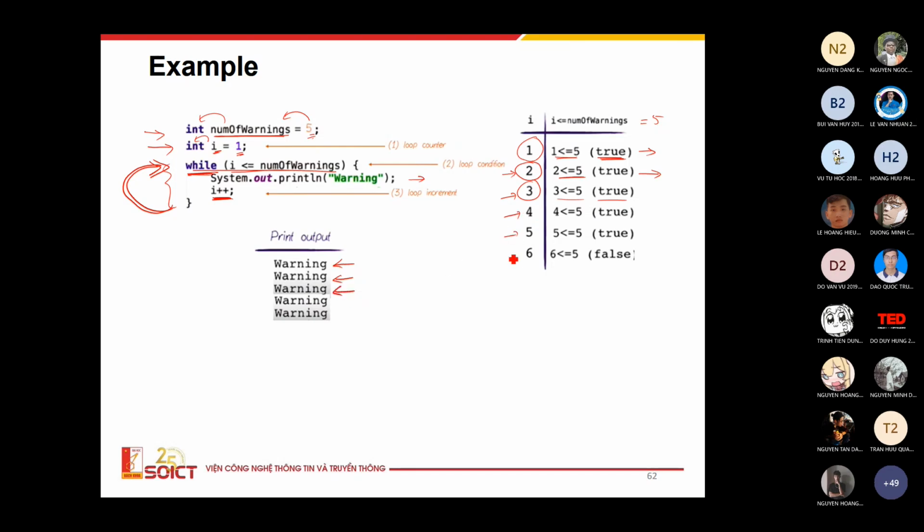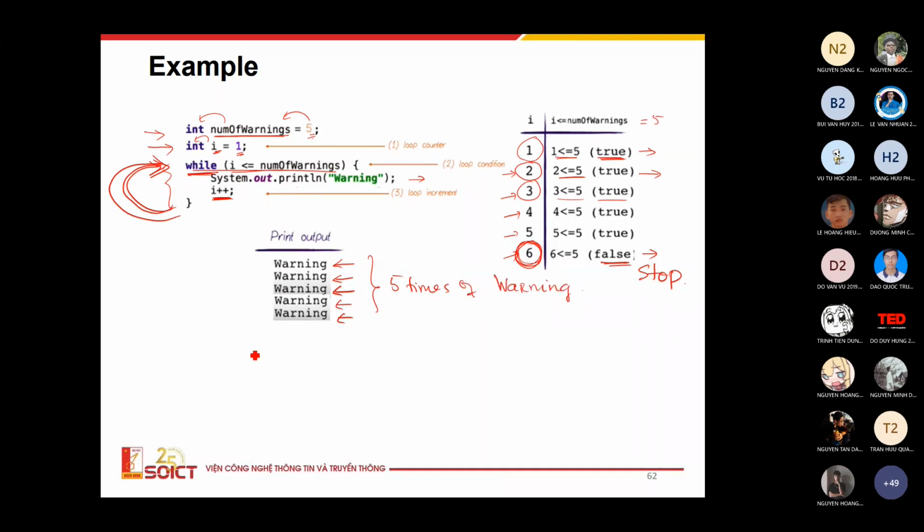You will do this loop until the value of i is 6. When the value of i is 6, you come back here and check the condition. You see that it is false, so your statement will be stopped. After this, you will have printed out the warning 5 times.